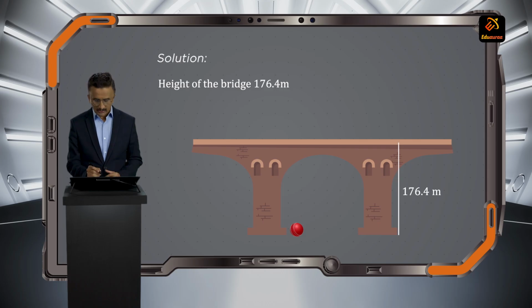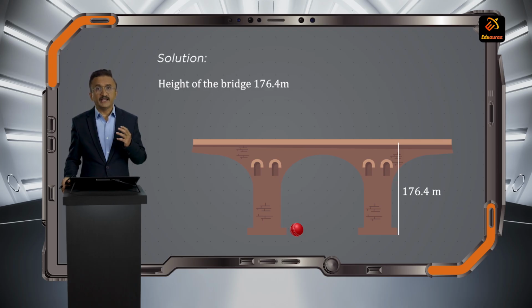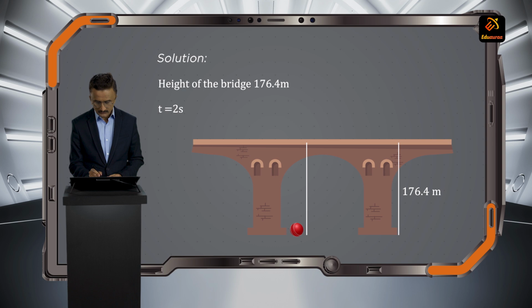So initial velocity is equal to 0. Okay. And now the distance covered is equal to 176.4 meter. So S is there, T is there, U is there.